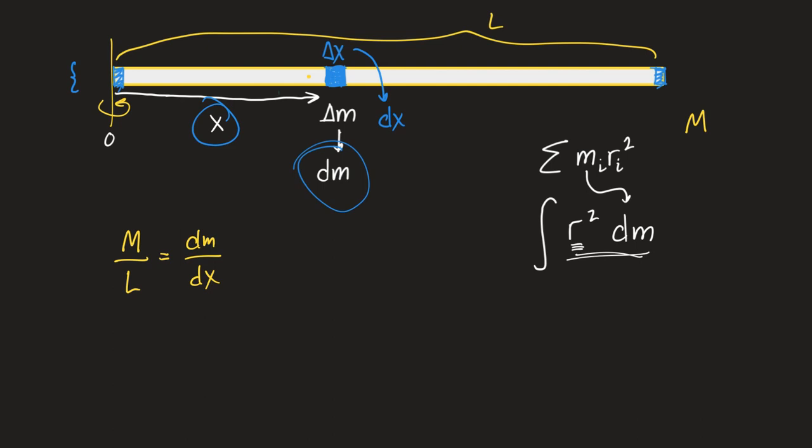I'll say that all again. I need to set up a ratio that will allow me to solve for dm in terms of my pointer variable. So I've done that. I can solve this for dm.